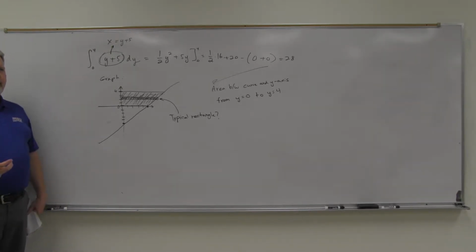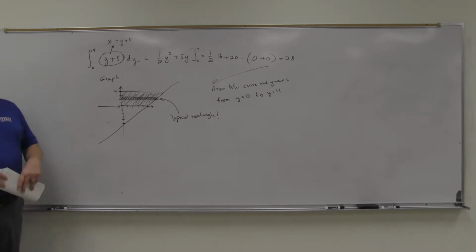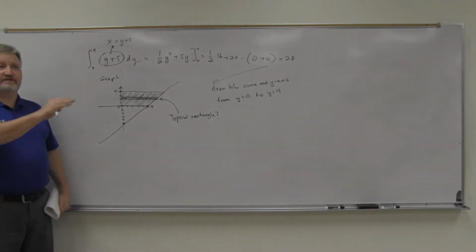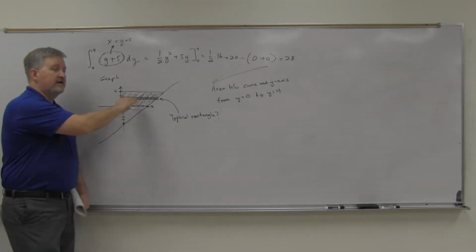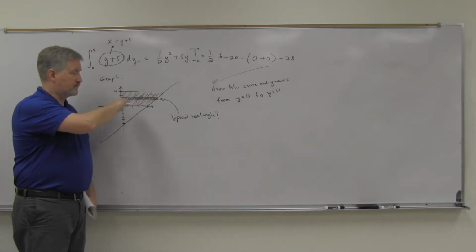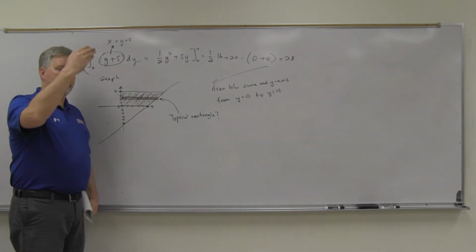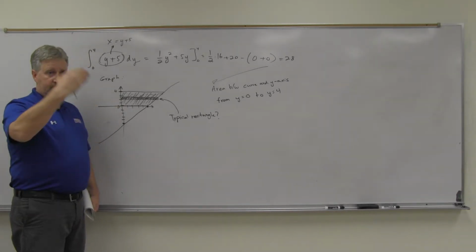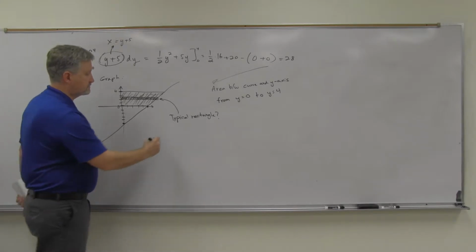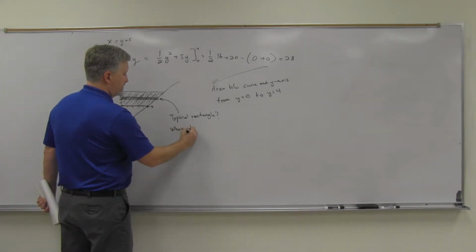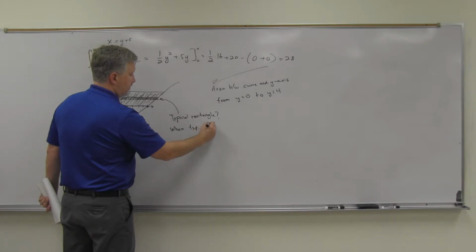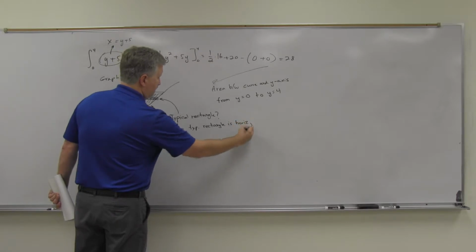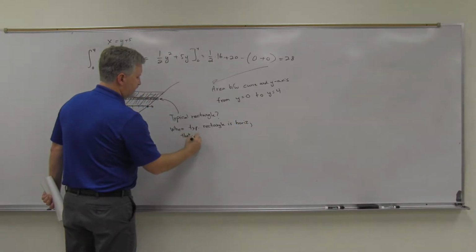Now, what I view as the significance of that, one of the key parts, is to notice that the typical rectangle when I integrate with respect to y is sideways, horizontal. When I integrate with respect to x, the typical rectangle is vertical. So when the typical rectangle is horizontal, that means integrate with respect to y.